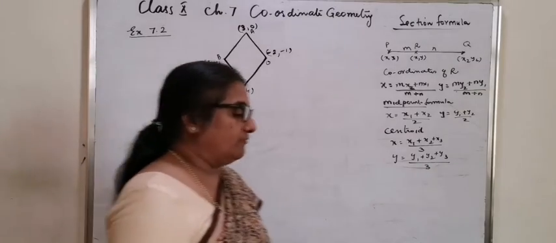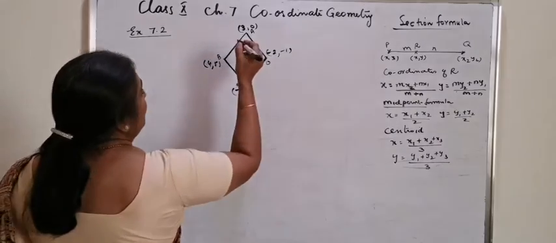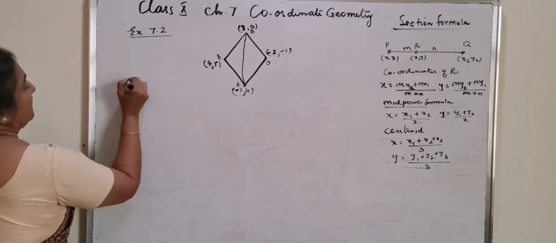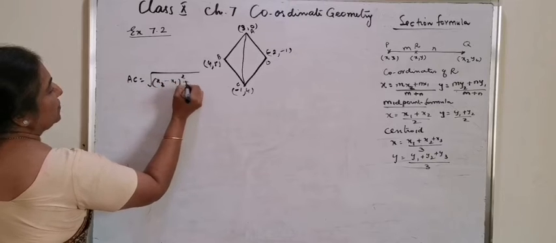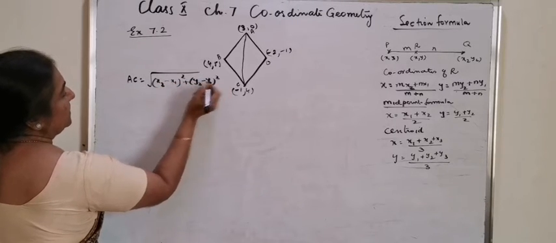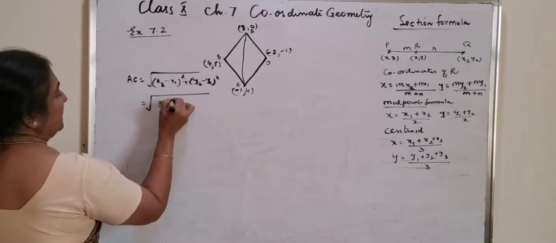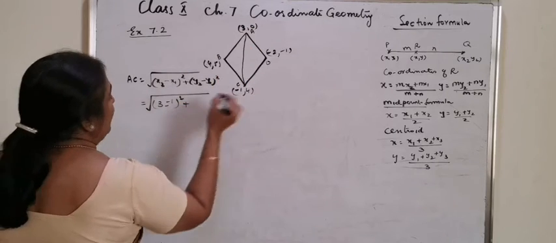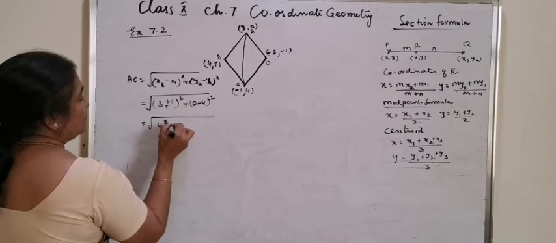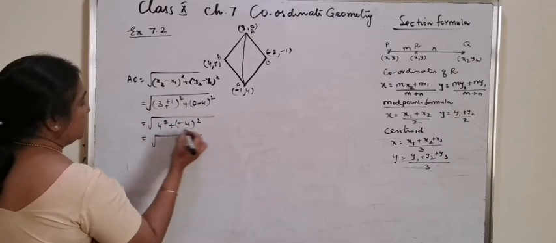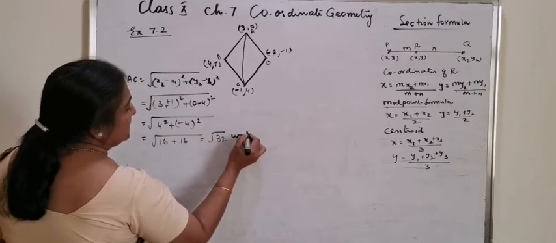The area of the rhombus is half into product of the diagonals. So here we are using the distance formula. First find out the length of AC. AC is equal to square root of x2 minus x1 the whole square plus y2 minus y1 the whole square, square root of 3 minus minus 1 the whole square plus 0 minus 4 the whole square, 4 square plus minus 4 the whole square, 16 plus 16 is equal to root 32 units.